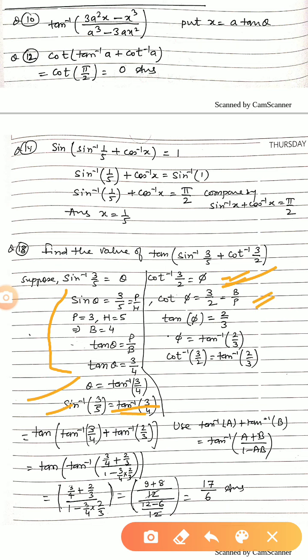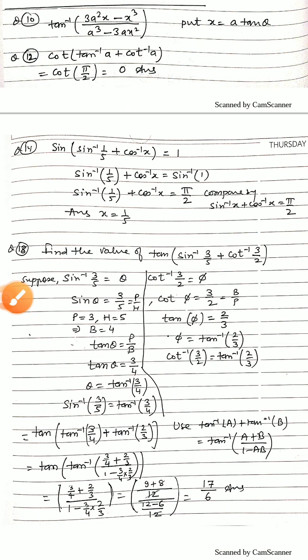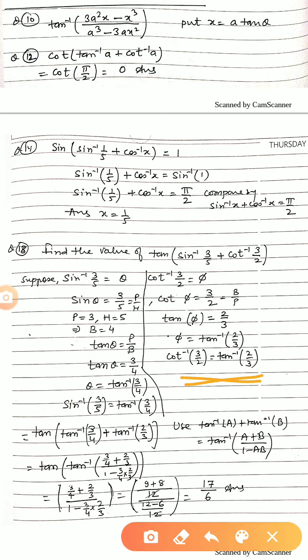So cot phi is 3 by 2, and this is base upon perpendicular, while tan is perpendicular upon base. So you have to do the reciprocal only. So phi is tan inverse 2 by 3. So cot inverse 3 by 2 will be equal to tan inverse 2 by 3. Whatever values you find here, you put both values in the question. So look here, you will get this type.